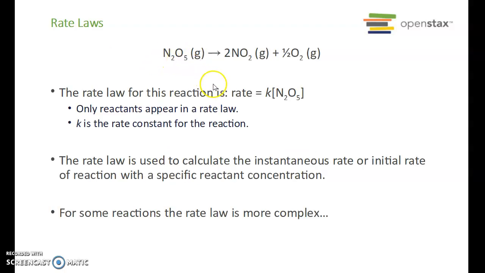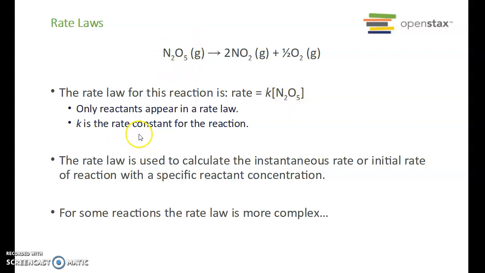For this reaction, the rate law is rate equals k times the concentration of N2O5. Only the reactants appear in a rate law. So if you only have one substance over here, that's the only one that's going to be in there.